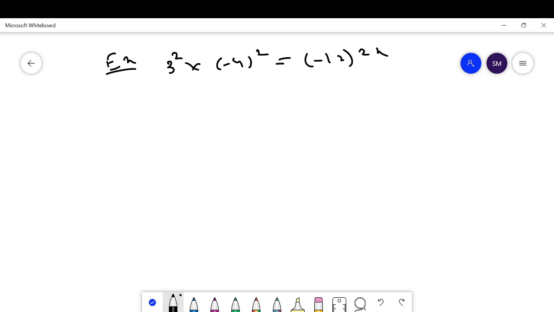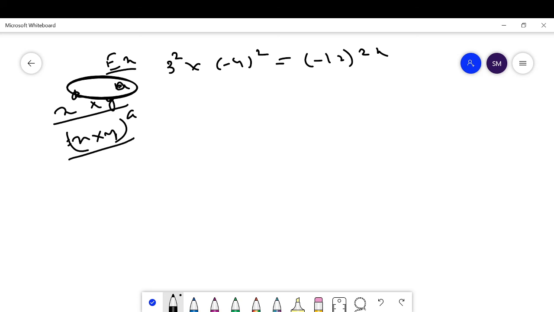Here, x to the power a into y to the power a means x into y to the power a. When the exponents are same and bases are different, we can do like this. Here look at it. Here the exponents are same, bases are different. This can be written as 3 into minus 4 to the power 2. And in RHS, this is minus 12 to the power 2x.